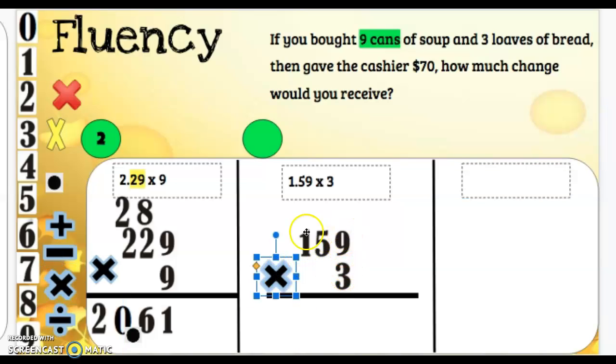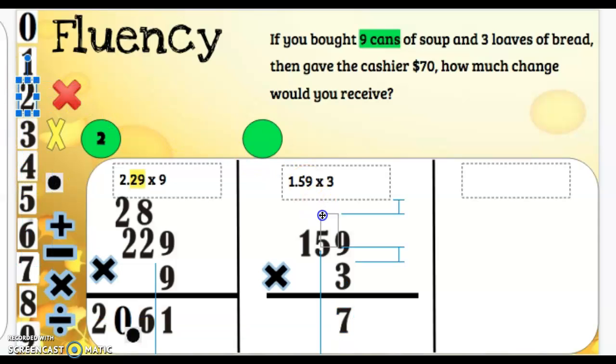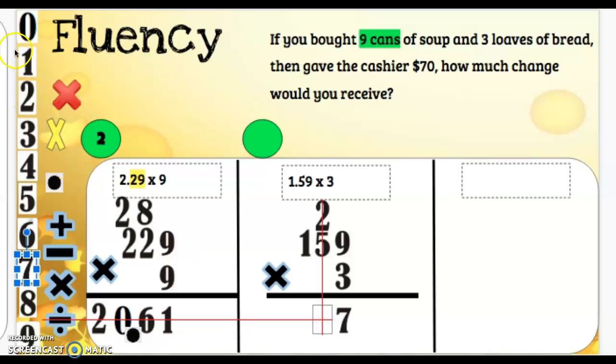3 times 9, 27. 3 times 5, 15, plus 2, 17. Bring up the 1. 3 times 1, 3, plus 1, 4.